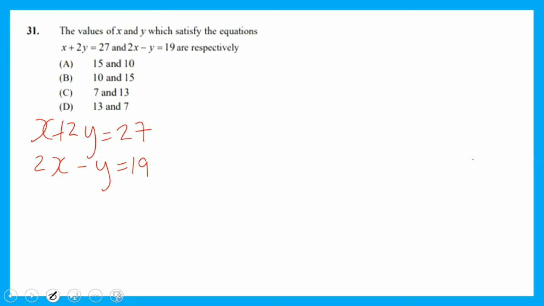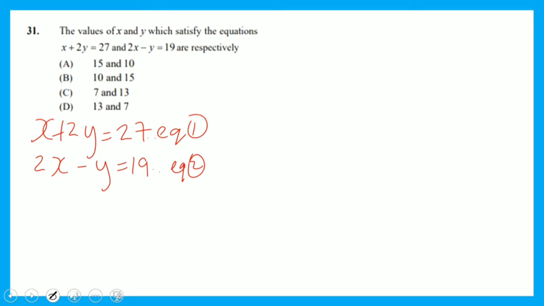Now, for reference purposes, we're going to label our equations. So we're going to label this one as equation 1 and equation 2.